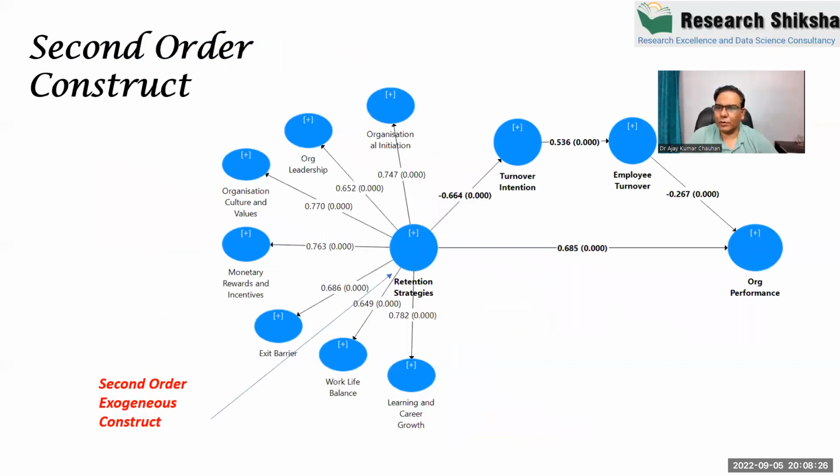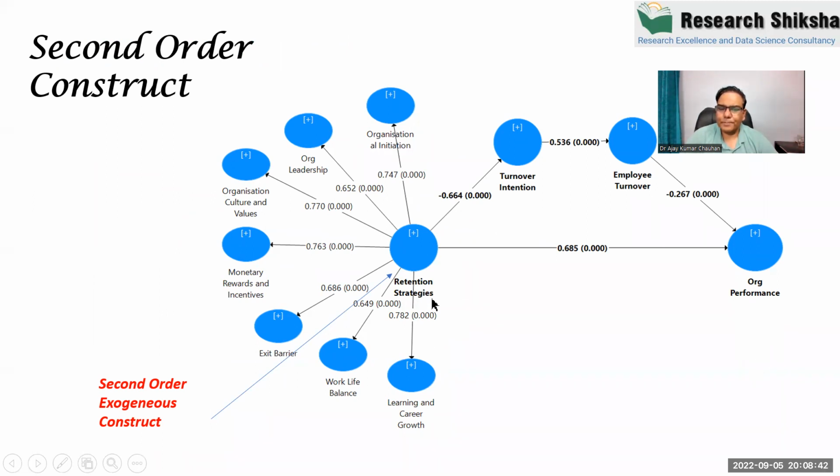After that, we have second order. Second order means when the construct is measured by constructs.